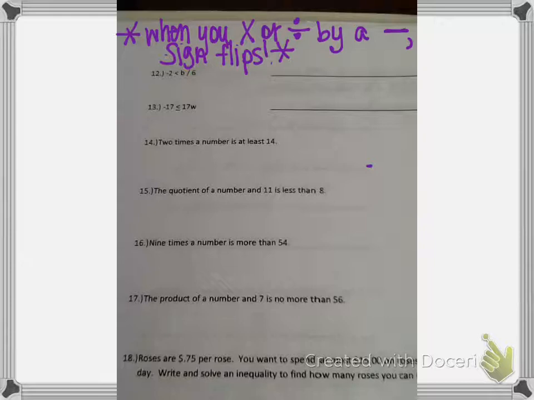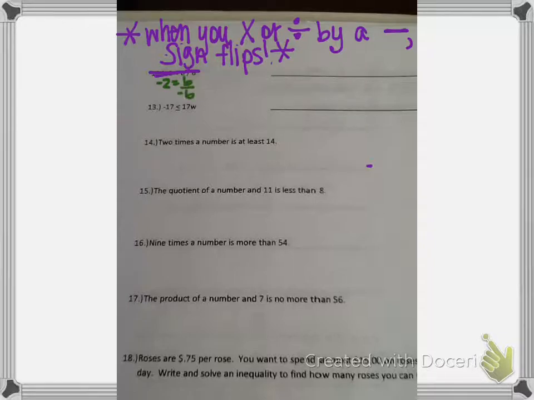So, on number 12, instead of having negative 2 is less than b divided by 6, we're going to take it as negative 6. So our problem here is now negative 2 is less than b divided by negative 6.